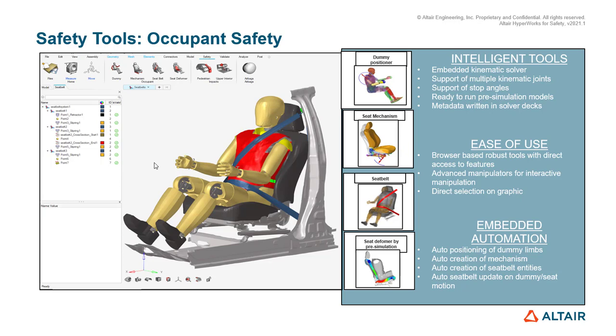So for example, slip rings, retractor, pretensioner, and the 1D elements or the 2D elements, everything is automatic. And the seat belt updates on dummy position change. So when you link the seat belt to the dummy, when the dummy moves, the seat belt will automatically update its new position.